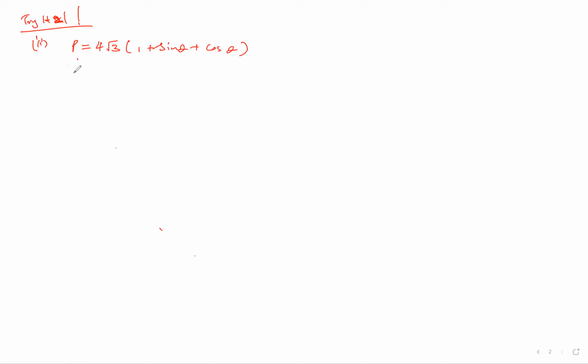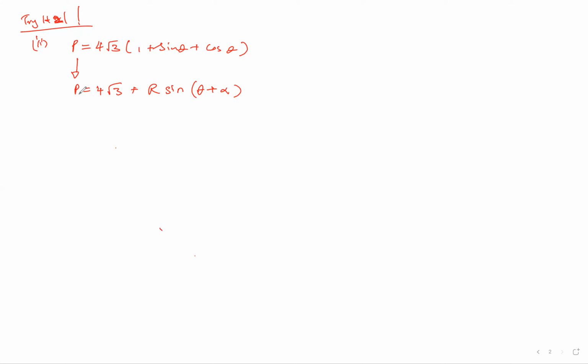But they want you to convert this into something of this form: P equal to 4 r sine (theta plus alpha). So this is the end answer that they want.